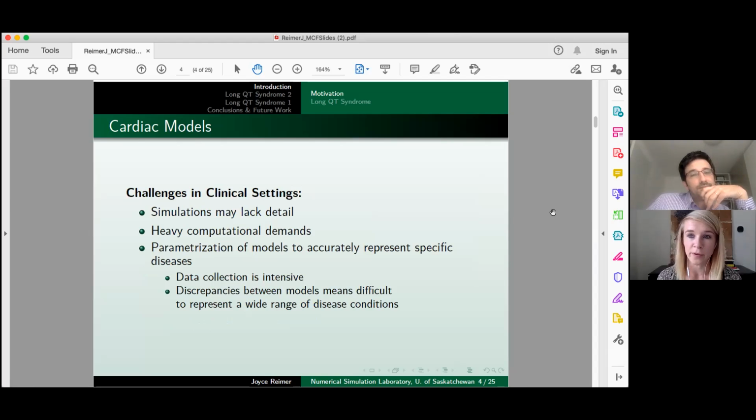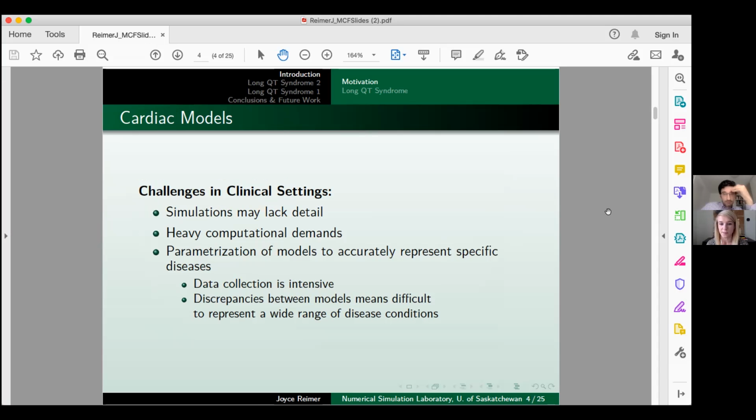There are heavy computational demands and probably long computation times, though that's slowly getting better. The parameterization process to model specific diseases can be challenging because the data collection would need to be so intensive. And there are discrepancies between the different models, which makes it difficult to standardize representing a range of disease conditions.